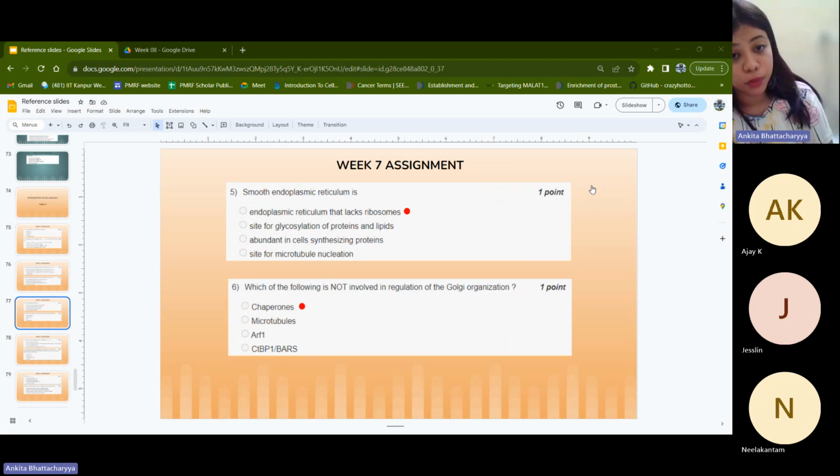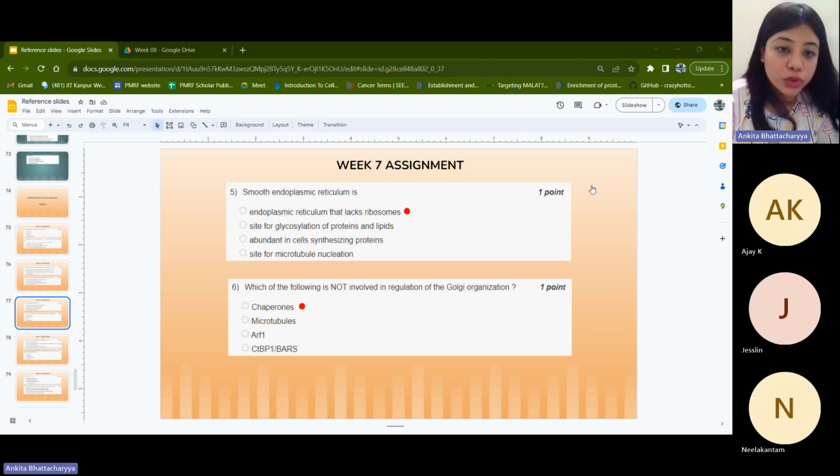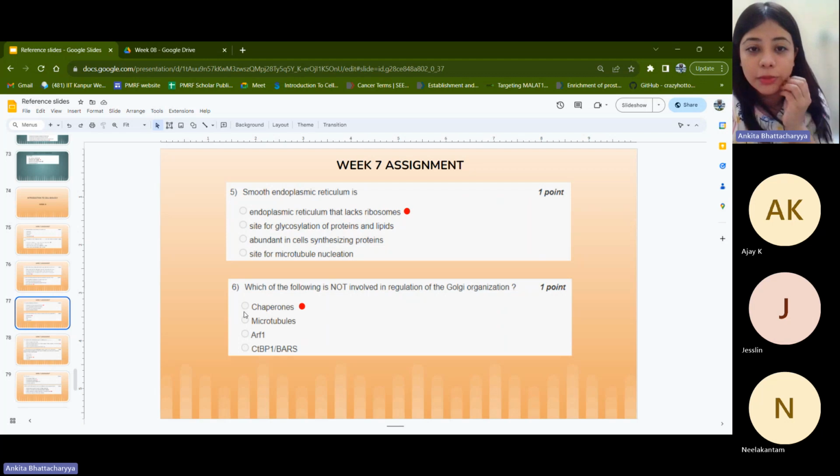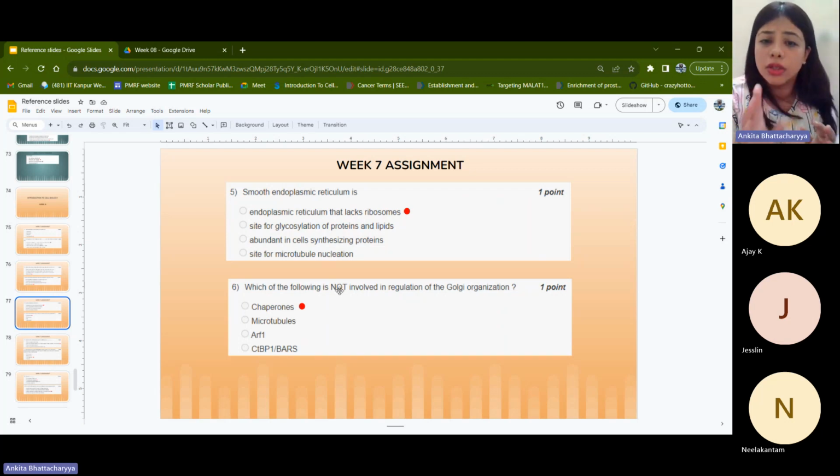When we talk about the smooth endoplasmic reticulum, its job is not to carry out protein synthesis. So that option is automatically eliminated. Let us ignore the first option for now. The second option is the site for glycosylation of proteins and lipids. No, that is not where protein synthesis or protein glycosylation is occurring.